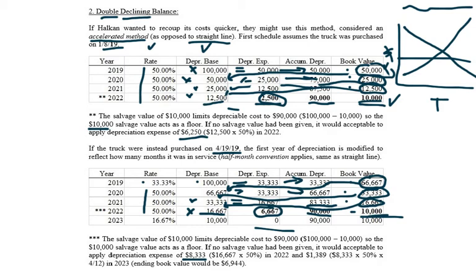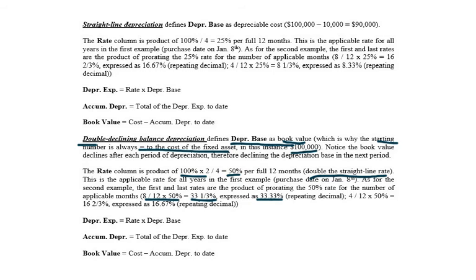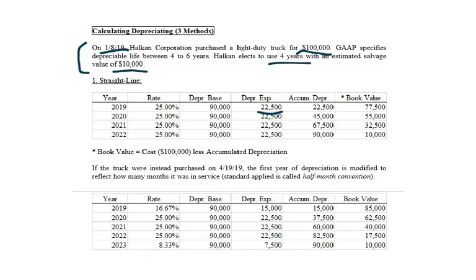So if we ignored that limitation there, we would take our 8,333 in 2022, and we would take an additional $1,389 in 2023, and again, our rate for that one would be defined as, and I went the wrong way again, there we go, 4/12 of 50%, so we get 16.67 or 0.6 bar there, repeating decimal again.